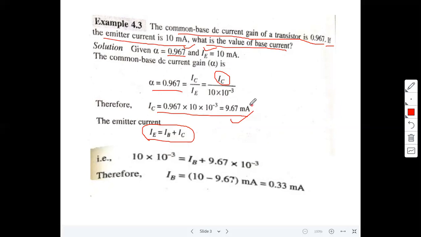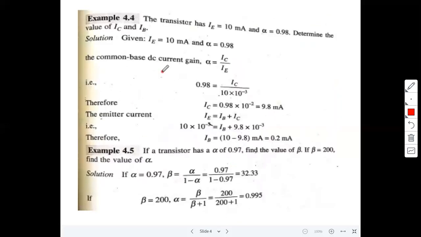So in this problem, given alpha value and one current value, find the base current. By using alpha and IE, find IC current. Once you know the IC current, by using this expression, you can easily calculate IB current.